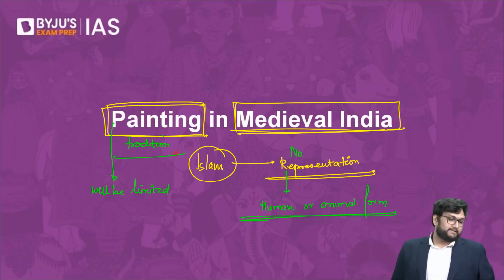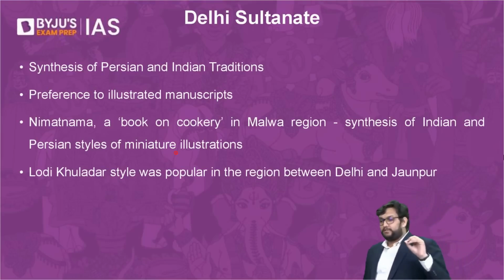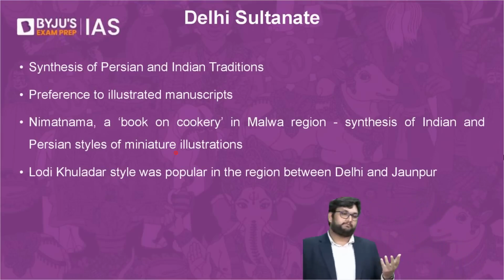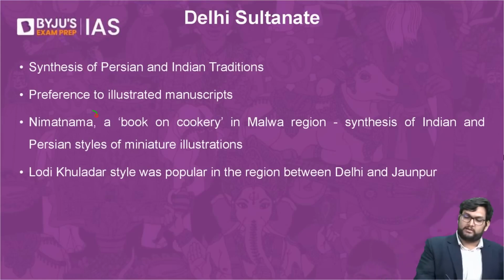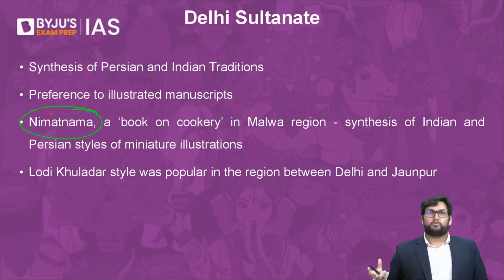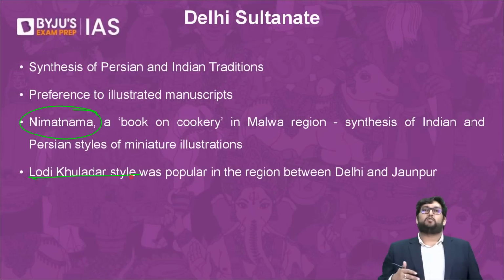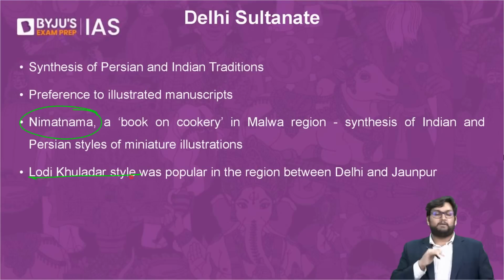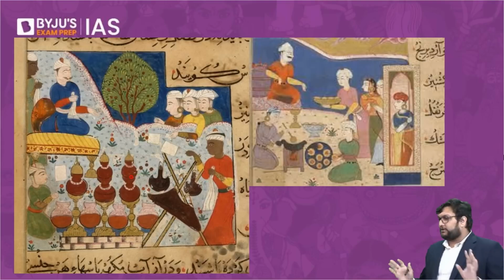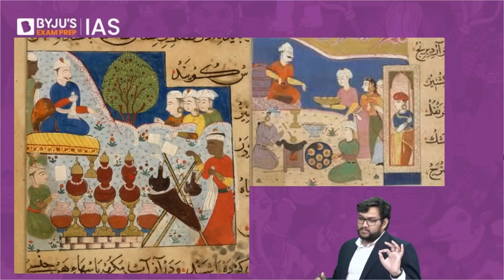In that sense, the Delhi Sultanate was very true to it. Though they had one book only called Niyamatnama, which is a book on cookery, which is basically a book on how to make food. And for a Lodi Khuladar style, basic, very simple style painting, there was no proper tradition in Delhi Sultanate of paintings. They made a lot of different things, but they were not ready to move beyond just this basic point.